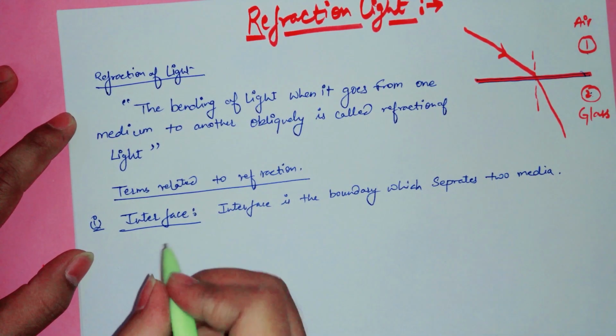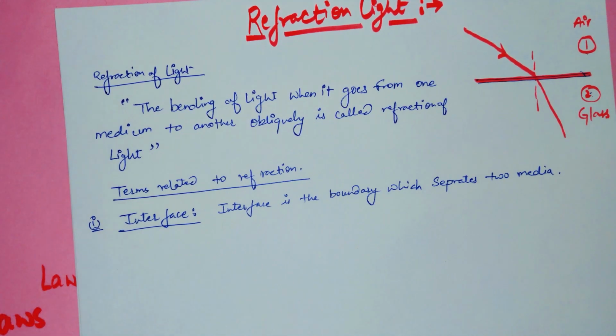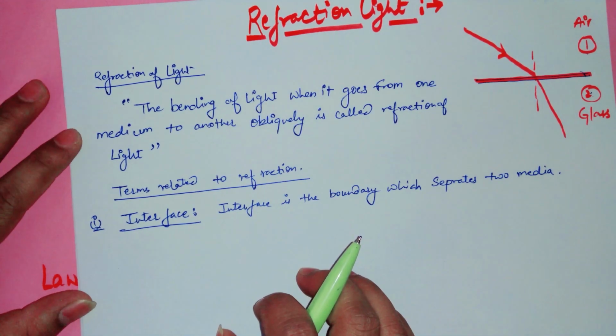Now, what is medium? A medium is a space, or a place, where light travels. It can be air, glass, water, diamond, or alcohol. All the places through which light can travel, we call media.